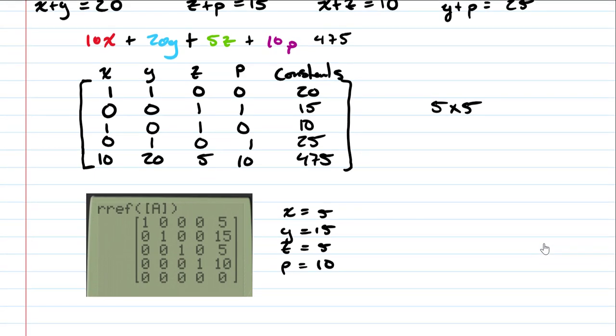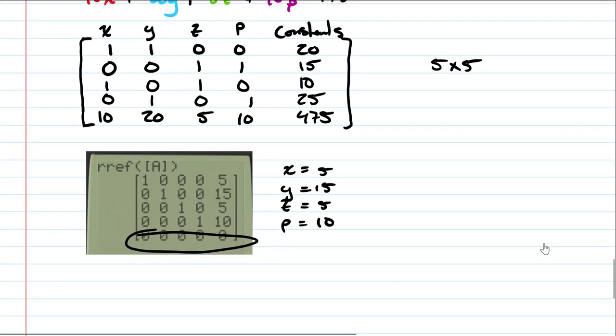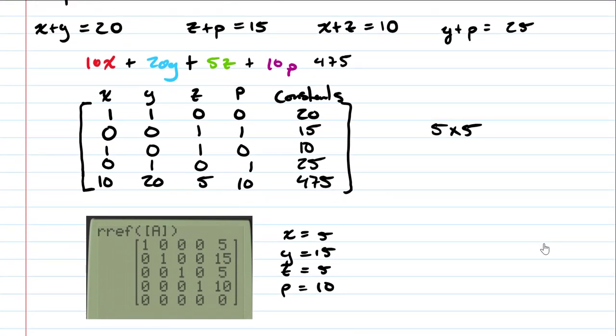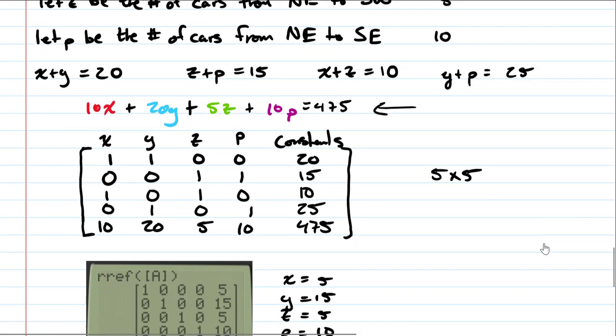So we ended up with this row of zeros, and a question that I'd mentioned earlier is oftentimes we'll end up with infinite families of solutions, like what happened in the previous example, and our goal is going to be to minimize something like the cost. So if we come back and we look at this equation right here, this equation guaranteed that we were going to spend $475.